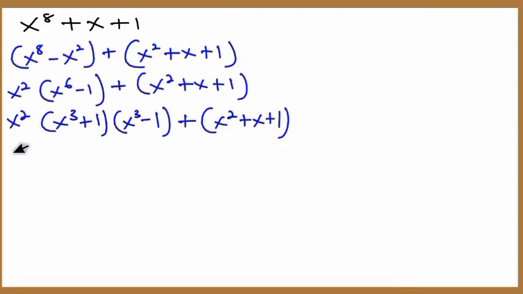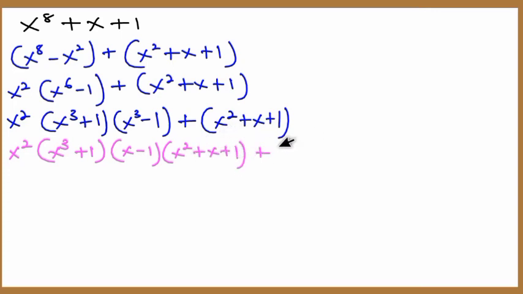So I will have my x^2 multiplying my (x^3 + 1) multiply. Now this one gives me (x - 1) multiplying (x^2 + x + 1), plus the whole of this one, x^2 + x + 1.